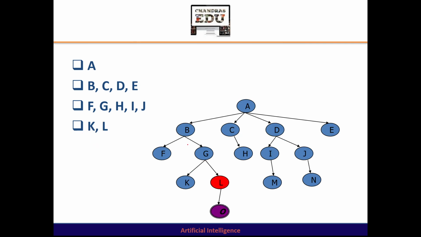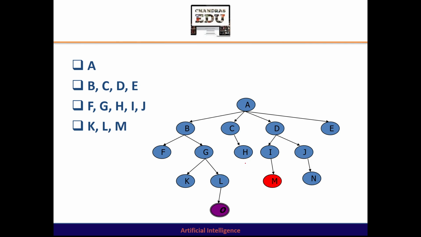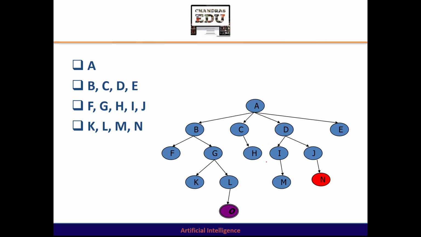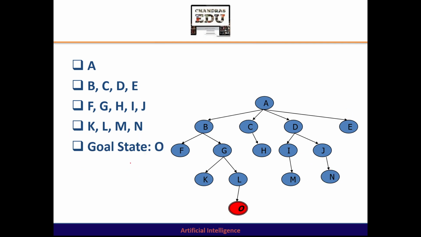Next we have element L. Next there is no further expansion of H, but there is an expansion of I, which is M, and next expansion will be of J, that is N. So this is covering level 4. All elements have been covered, and so it will go for the next level.